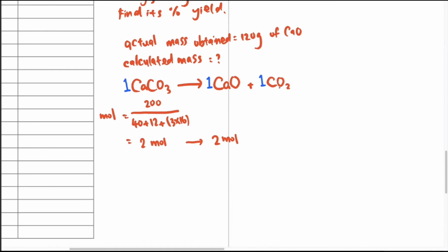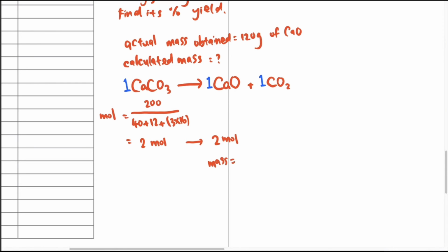Of course, we also get 2 mole of carbon dioxide because the ratio is 1, 1, 1. But we don't want to care about carbon dioxide here. We just care about calcium oxide because our concern is the calculated mass for calcium oxide. So we have the mole of calcium oxide now. Now I want to find the mass.